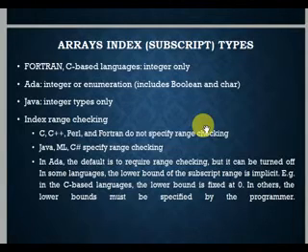Index range checking. In C and C++, Perl and Fortran do not specify range checking, but Java, ML and C# specify range checking. Range checking means that when we initialize an array, if we put just 5 in the square brackets, the memory will be allocated for 5 elements.